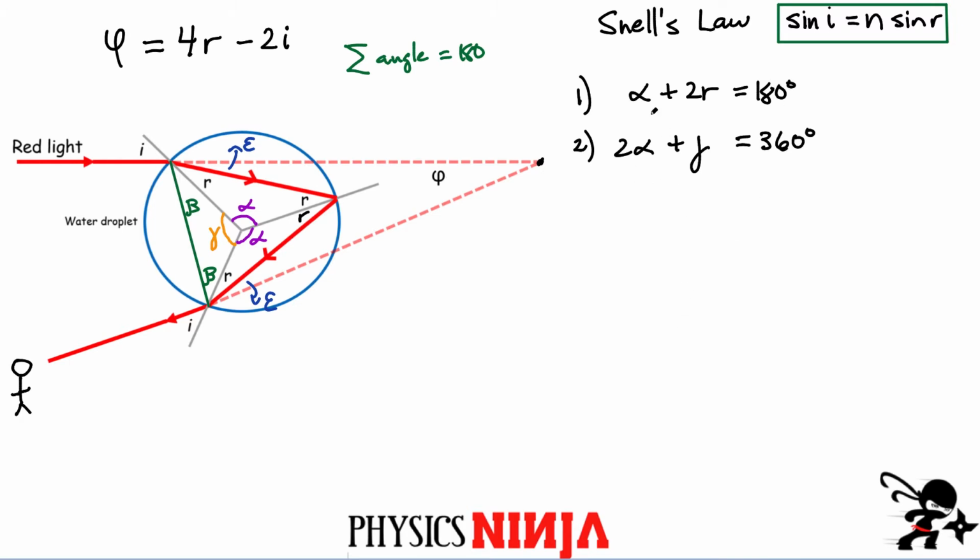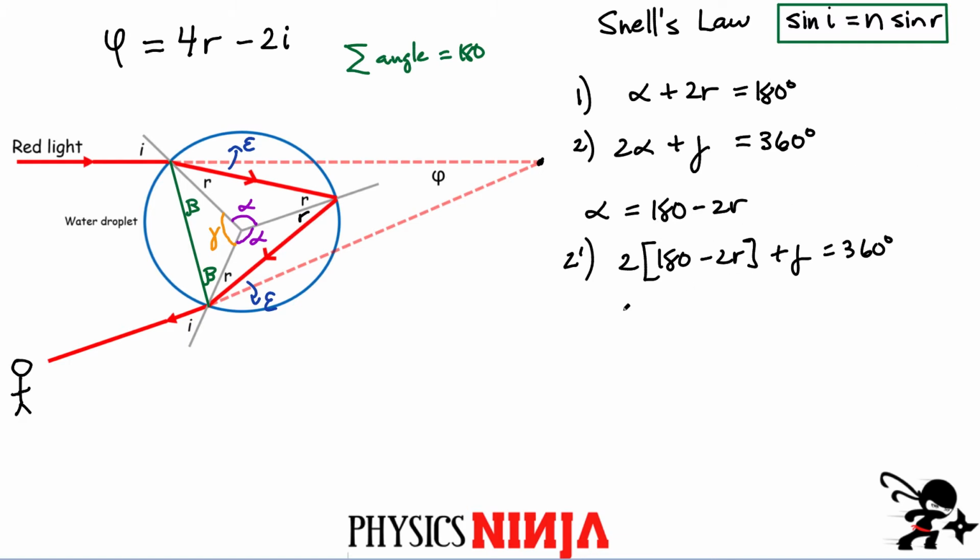This allows me to do a little bit of math, because let's eliminate the angle alpha from one of these expressions. Let's use expression 1. If I do that, you simply get alpha by itself: that's 180 minus 2r. Now we're going to substitute that in expression 2, call it 2 prime. So you get 2 times this whole expression for alpha, plus gamma equals 360.